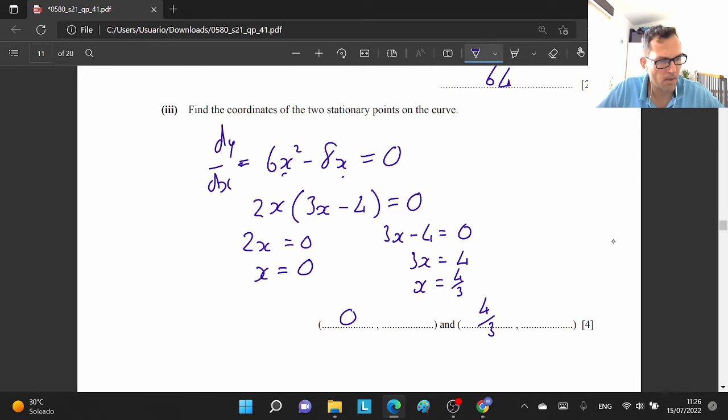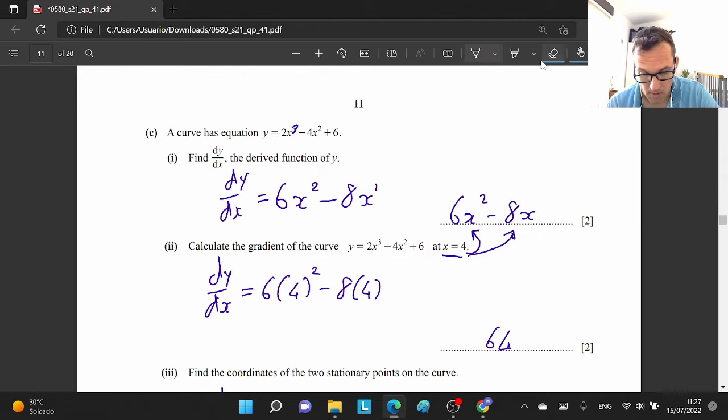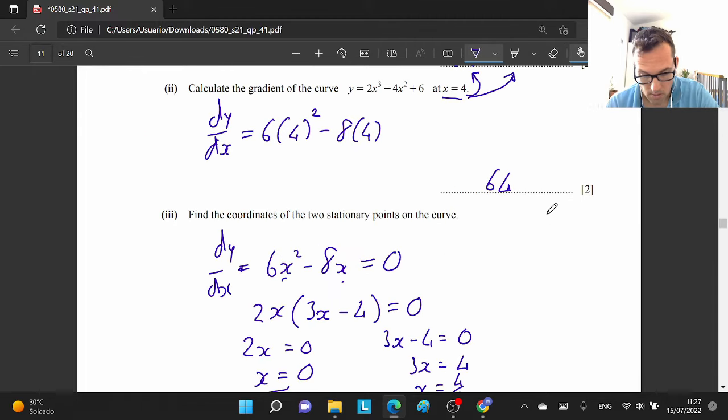Now, we're almost there. We just need the y values. We get those by substituting these x values into our original equation, which was the one they gave us at the beginning. This one here. Let's write it down. So we're using 2x cubed minus 4x squared plus 6.